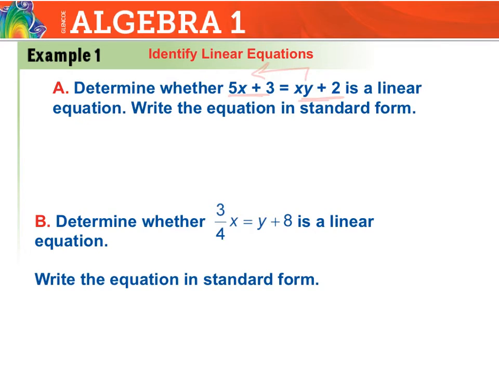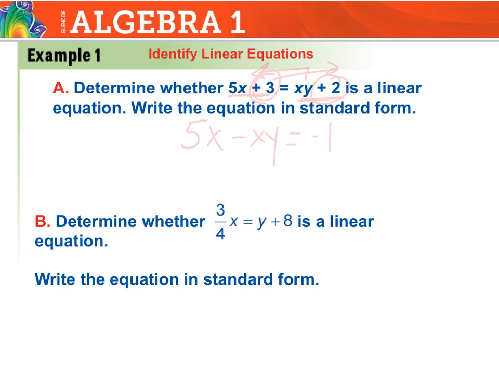We can also move 3 over to the right. So we're going to subtract xy from both sides, and at the same time subtract 3 from both sides. This turns into 2 minus 3, which is negative 1.